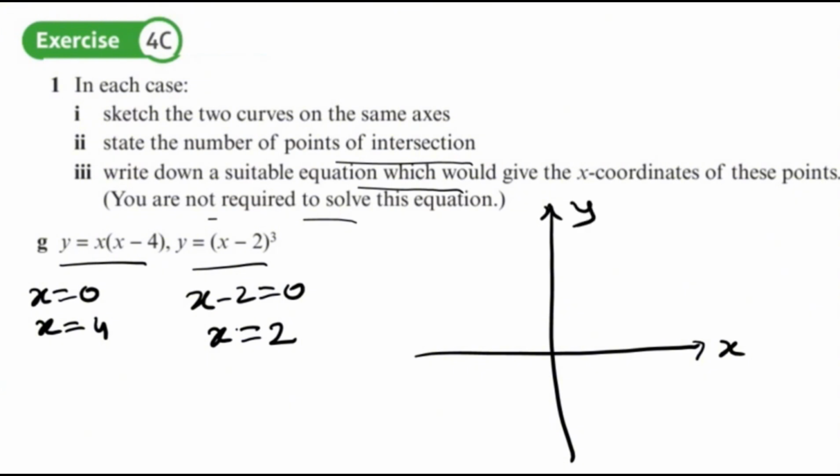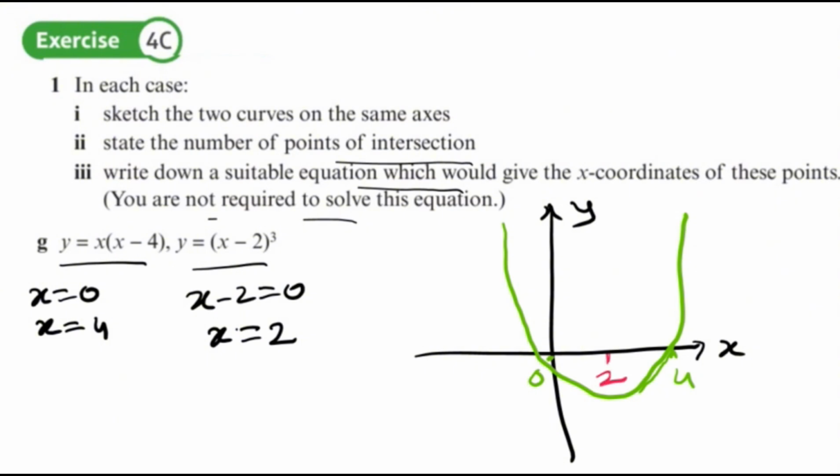The quadratic graph intersects the x-axis at 0 and 4. So the graph looks like this. Curve should be like this. And my cubic graph is intersecting the x-axis only at the point 2 here.